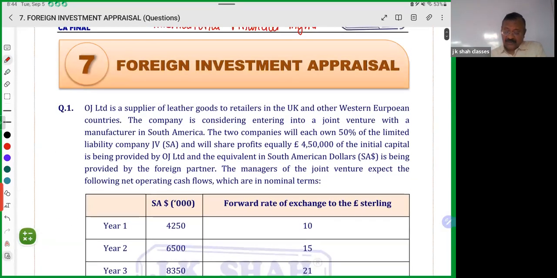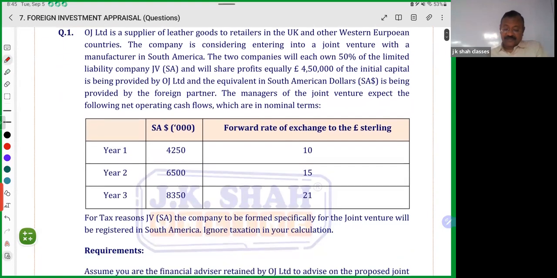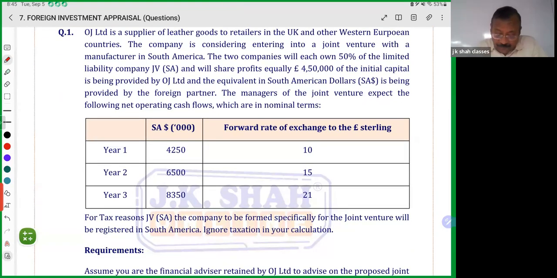The two companies each will own 50% of the limited liability JV SA and will share profits equally. 4,50,000 pounds of the initial capital is being provided by OJ Limited.